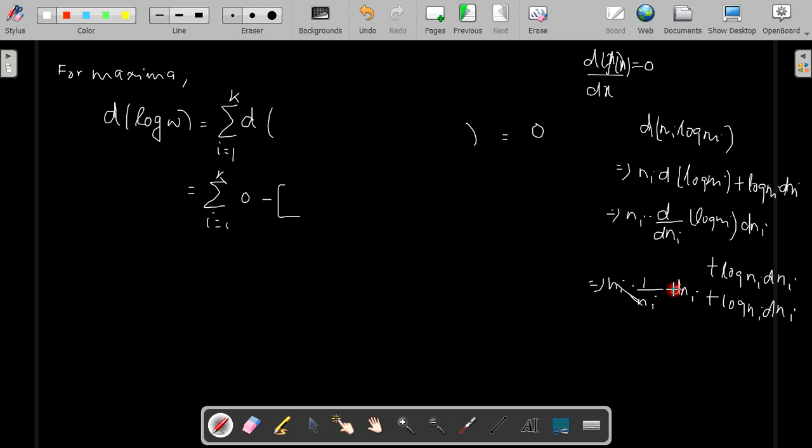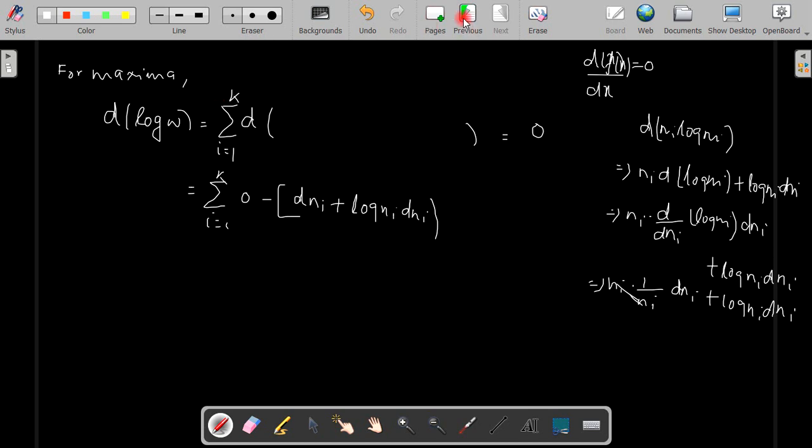So this n_i and n_i get cancelled, and I just get dn_i. If I simplify this, because I have taken the minus and put a bracket there, I can write it as dn_i plus log n_i dn_i.